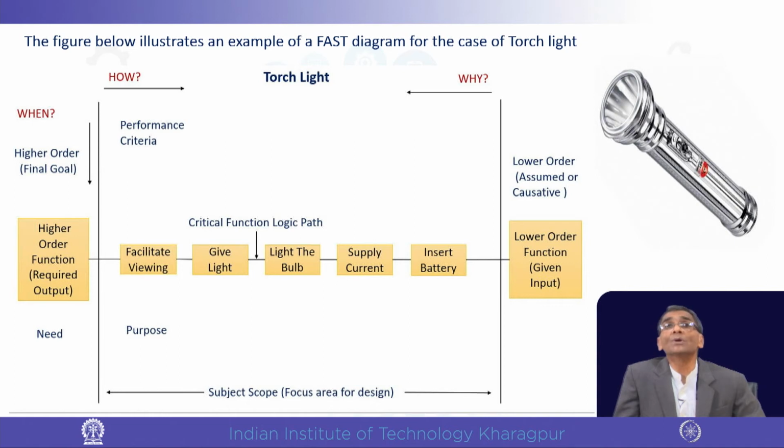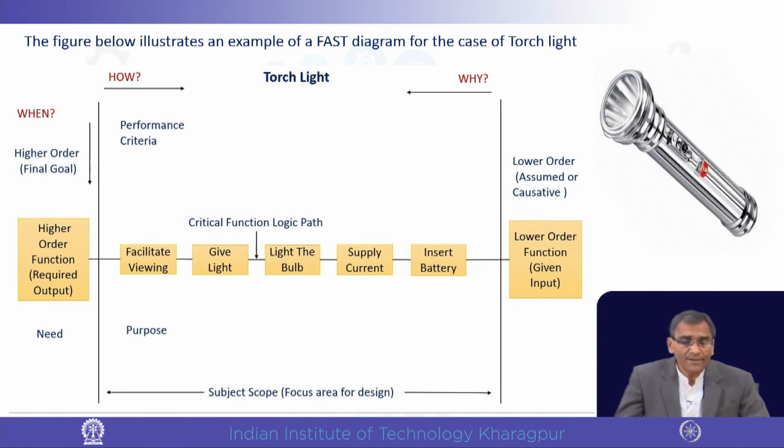Once you look at the diagram, and if you have any clarification, you can easily recall that discussion, and it is very helpful. Here you see the torch, which is self-explanatory, but still I would tell you that the higher order function is on the left. What is it? It is to give light.